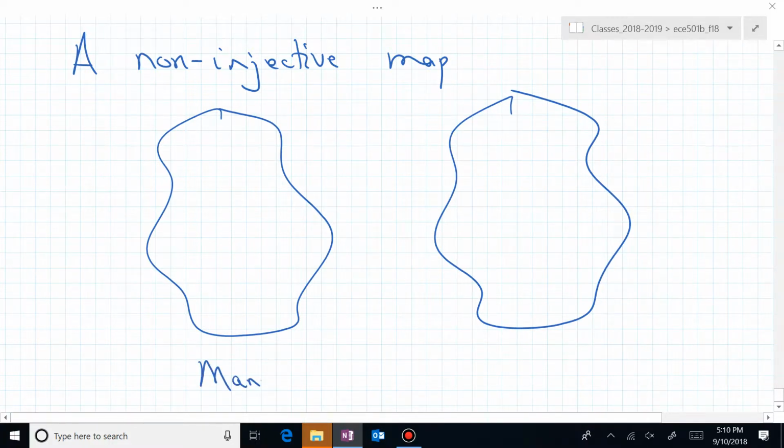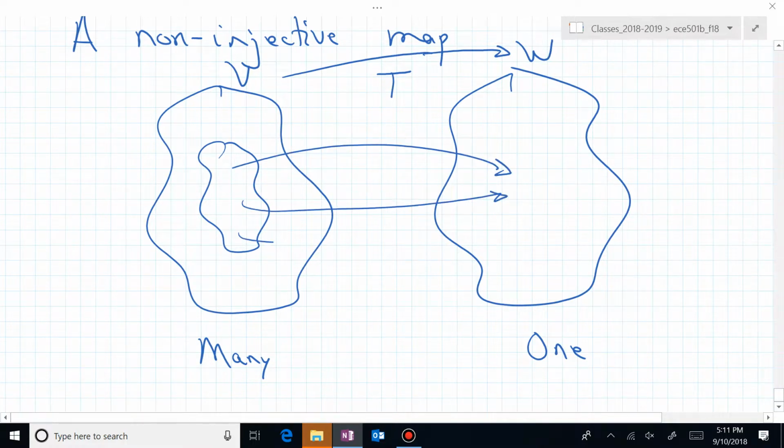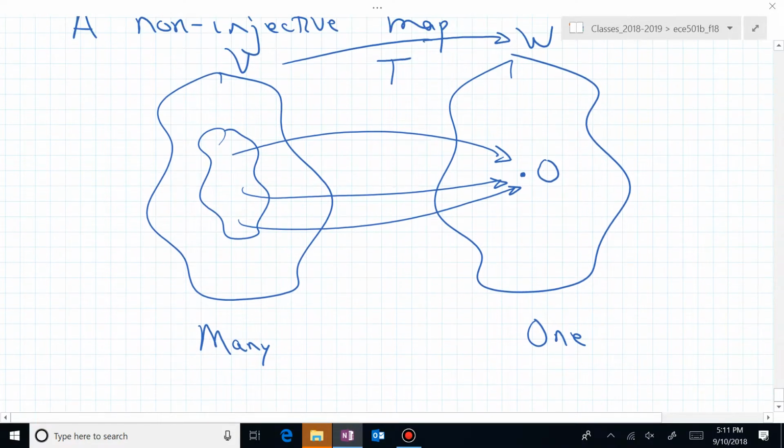We want something in V to map to something in W, but we want many points in V to map to one point in W. And the way that we can make that happen is if we have a large number of vectors, a subspace in V in our domain, that actually map to the zero vector. If we have a non-trivial null space, that will allow this to happen.